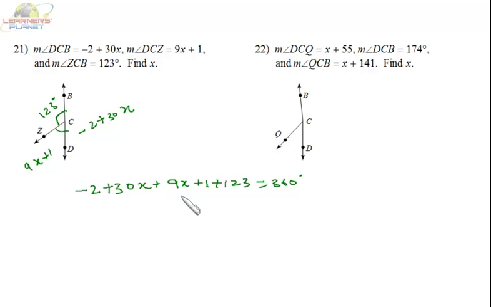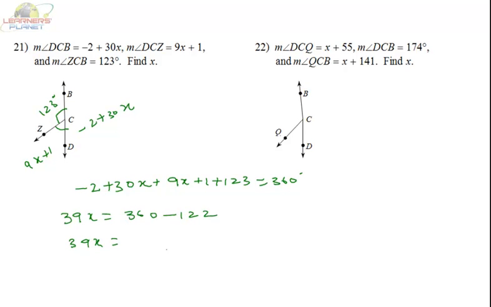Okay, so it's 39x is equal to 360, then 123 minus 2 is 121 and plus 1 is 122, so it's minus 122. So 39x is equal to 238, so x will be around 6.